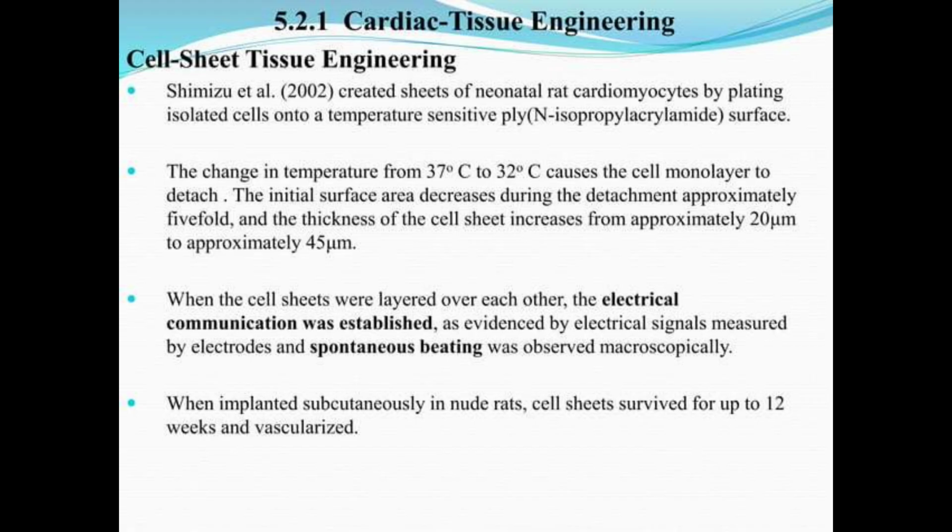In cardiac tissue engineering, cell sheets are prepared. Shimizu, in the year 2002, created neonatal rat cardiomyocytes and implanted them on a temperature sensitive poly-N-isopropylacrylamide surface. The change in temperature from 37 to 32 degrees centigrade causes the monolayer to detach.